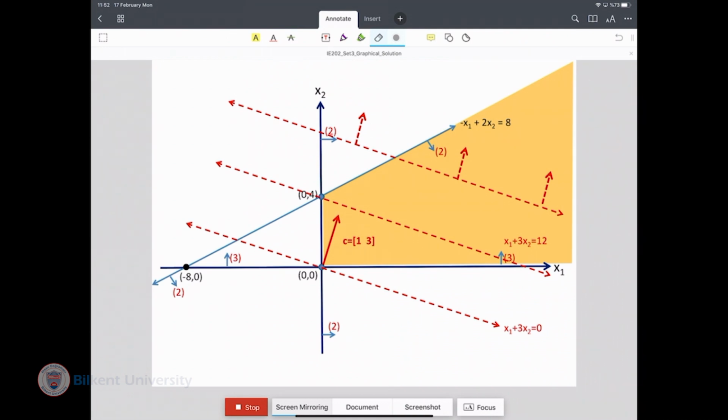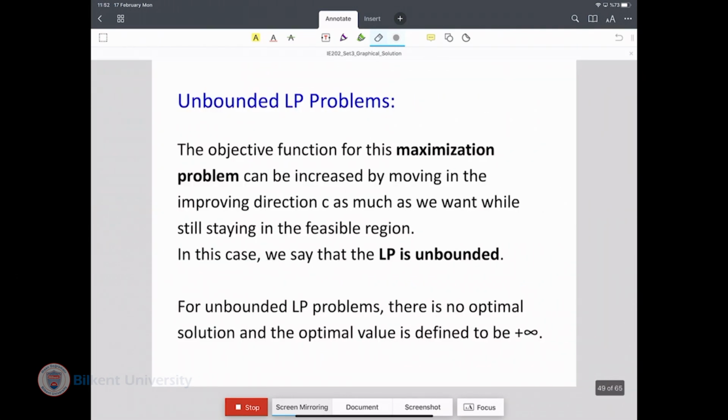No. If the region is bounded, I'm going to leave the region at one point, right? So you cannot find an unbounded solution with a bounded region. The reverse is not true though. All right, let's go on.